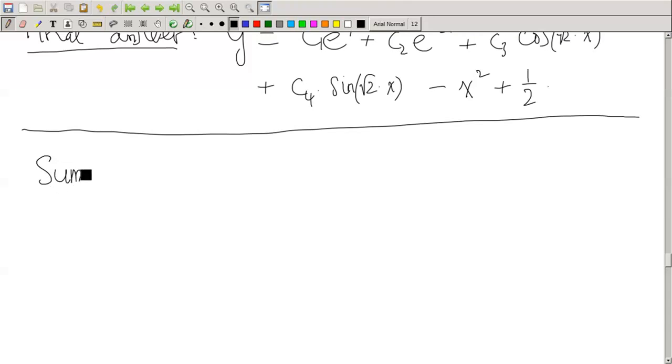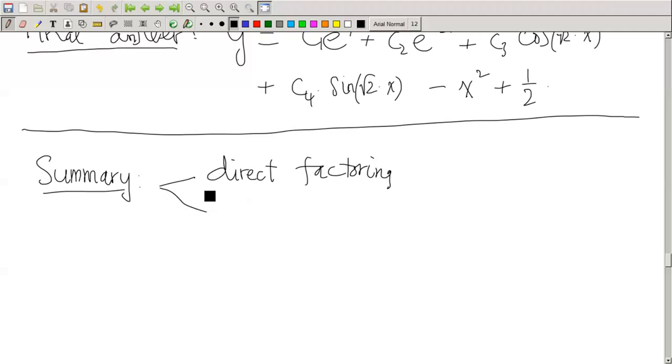Let me summarize the three methods that we have seen in order to solve for r. First, direct factoring. Try this first, if possible. Second, we factor by grouping.